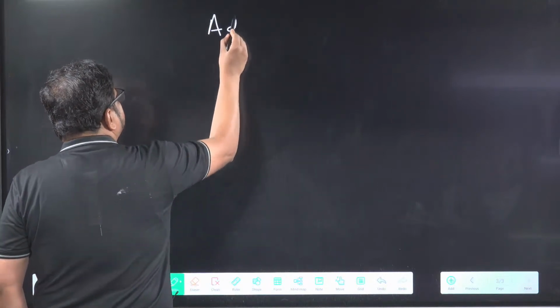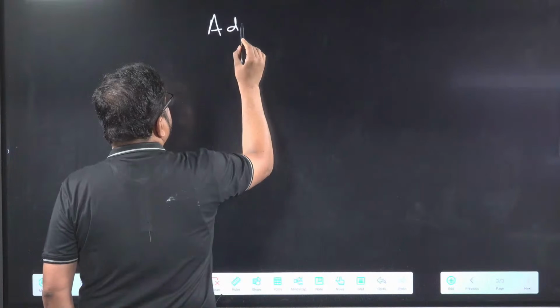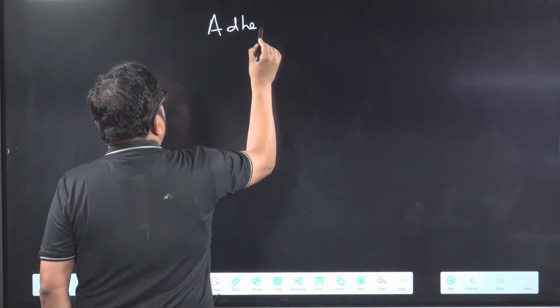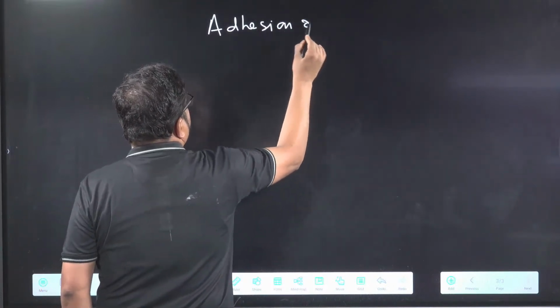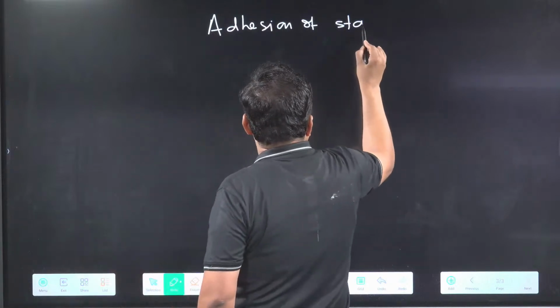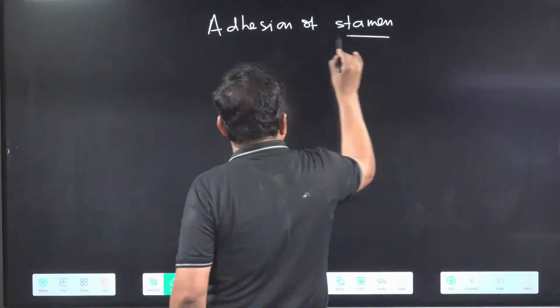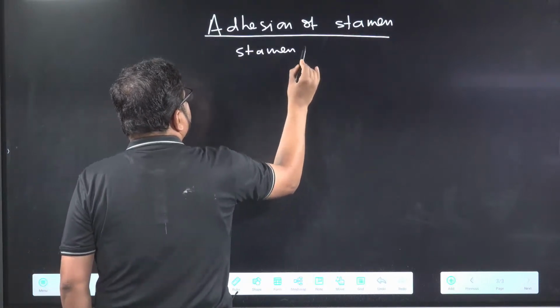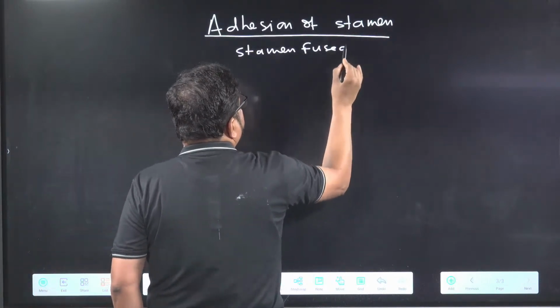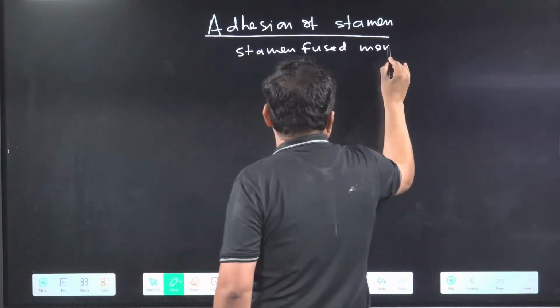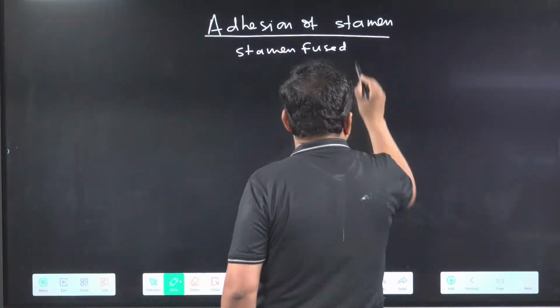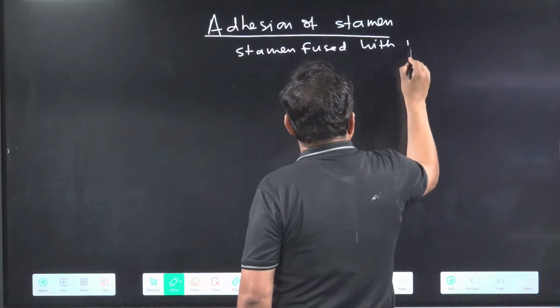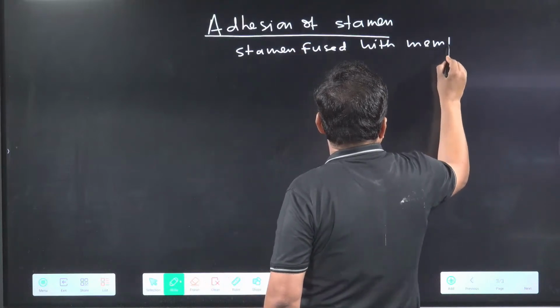Cohesion means same type of component fusion. Adhesion of a stamen: what happened in adhesion? Stamen fused with members of other whorls.